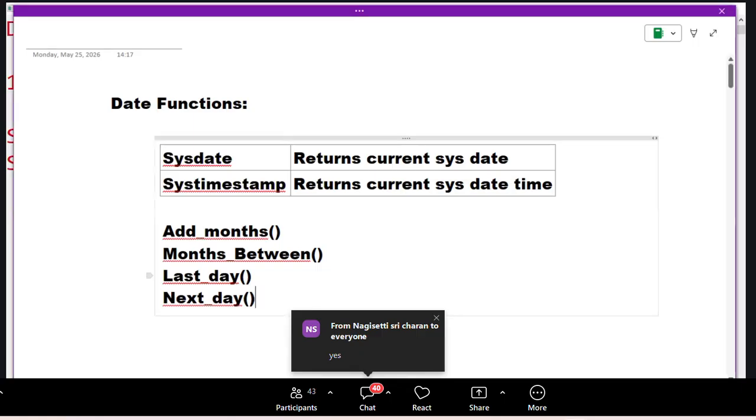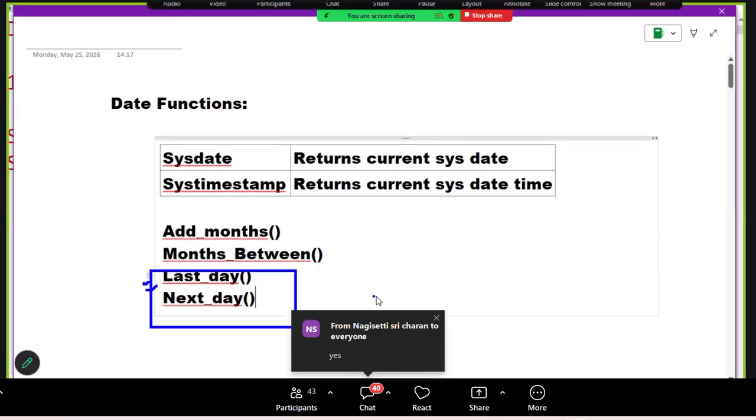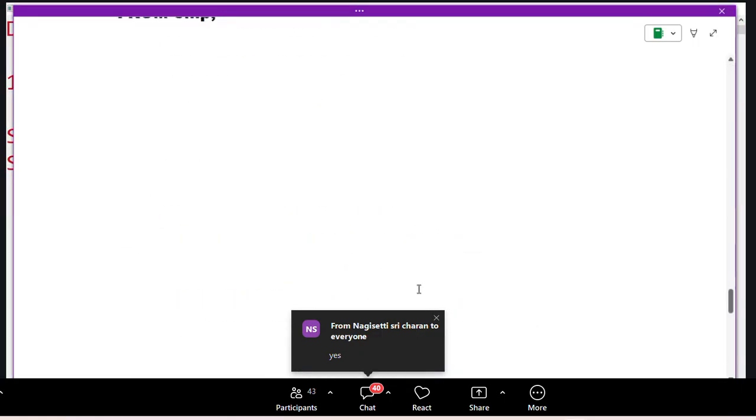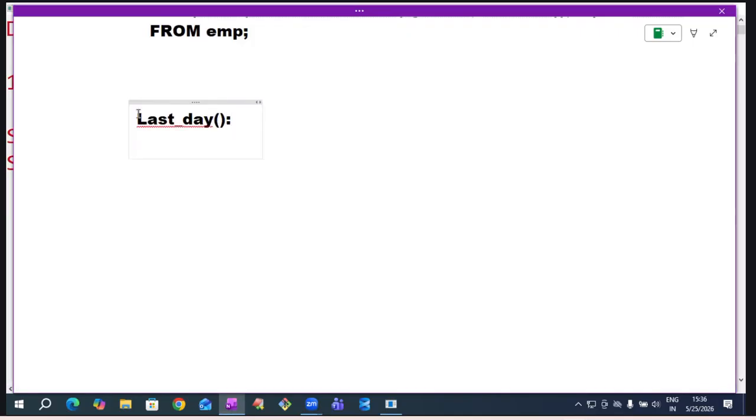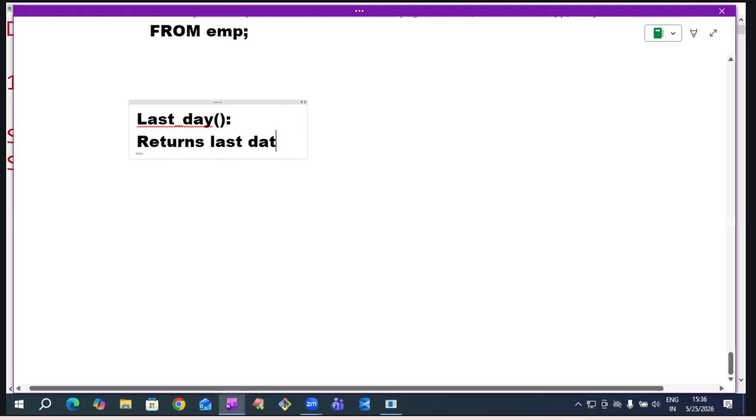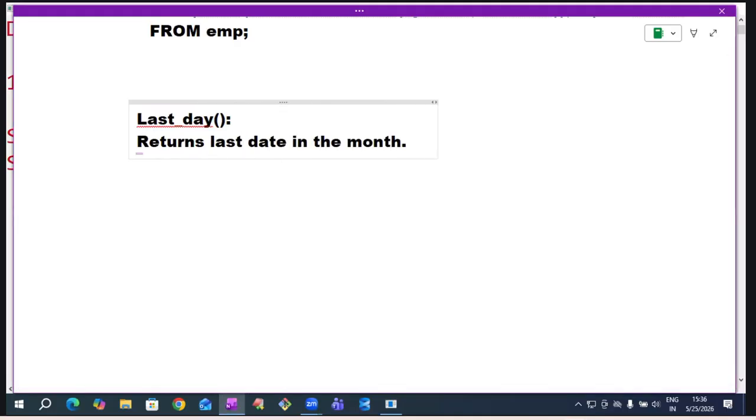Next, these two are not that important. Just be aware of last day, to get the last date in the month. Last day returns the last date in the month. What is the syntax?